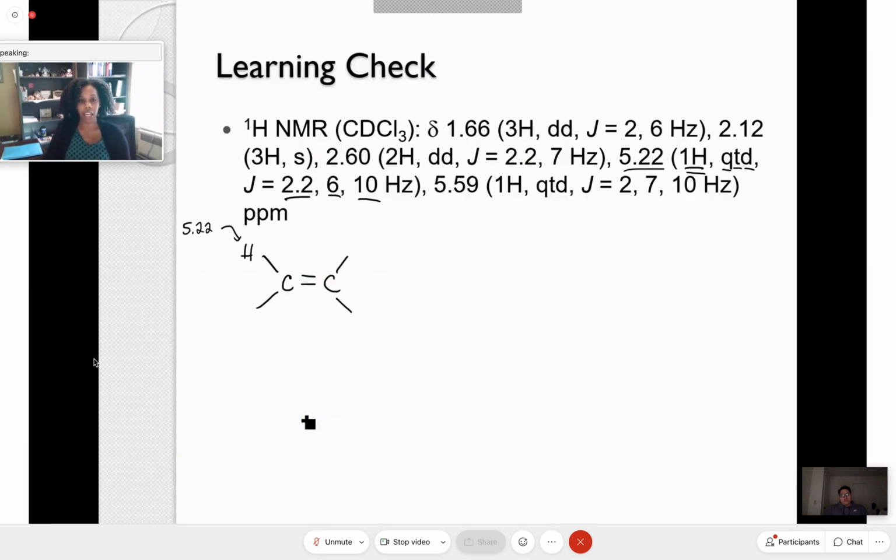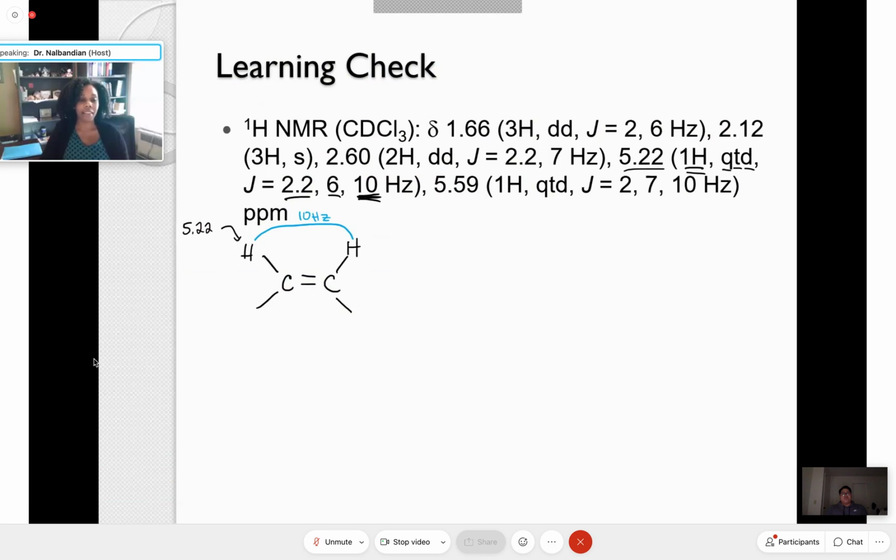So let's go back here. We had 10 hertz coupling, which was cis. So we're going to draw in a hydrogen that is cis to the hydrogen that we have drawn, and I'm going to label this as 10 hertz. It has to be cis to 5.22. That is going to be a 10 hertz coupling.